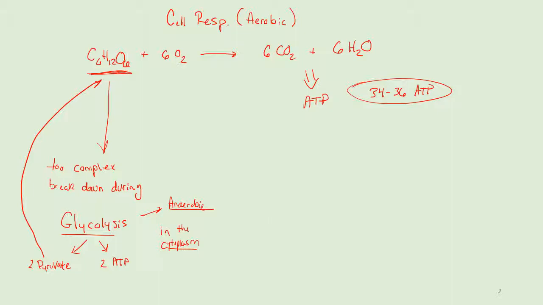I don't want to draw it, so I'll just do this. This will eventually lead to some things happening, and this will feed into the first stage inside the mitochondria. What's that called? It's got two names. Krebs cycle. You're right. It's the Krebs cycle. Or you can also call it the citric acid cycle. Okay.